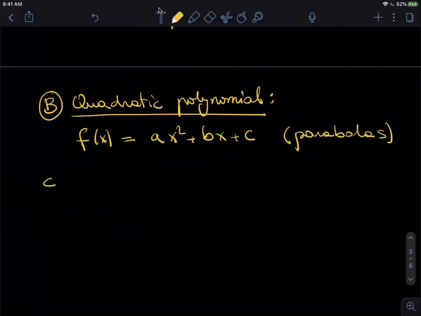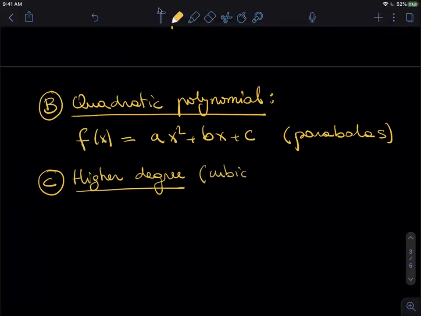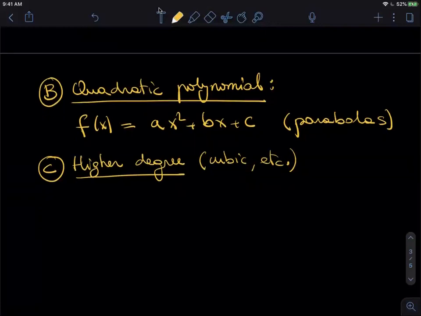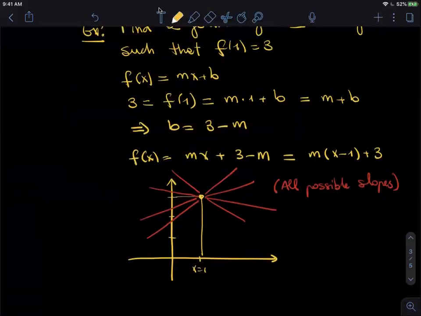Then we single out the linear and the quadratic polynomials because they are very useful. Then the rest, we just put them in the same bag. Those are the higher degree polynomials. Here we have cubic and so on. We do that because they don't come so often. So these are the polynomials.